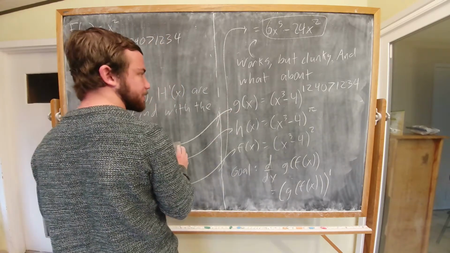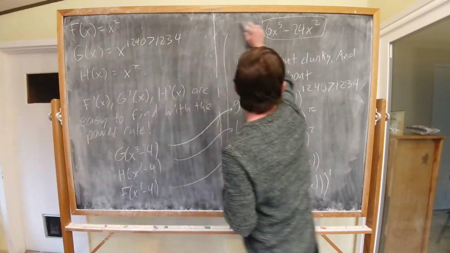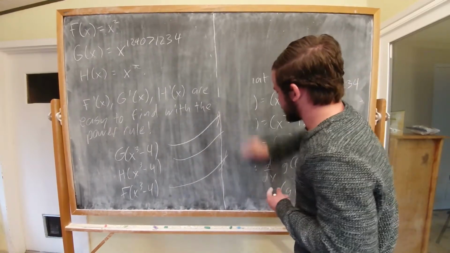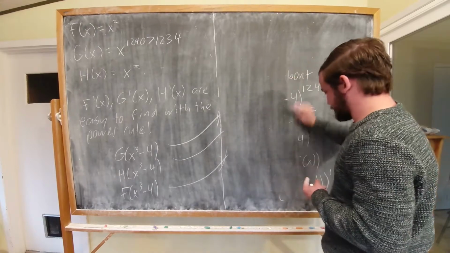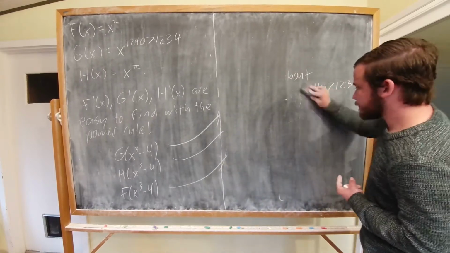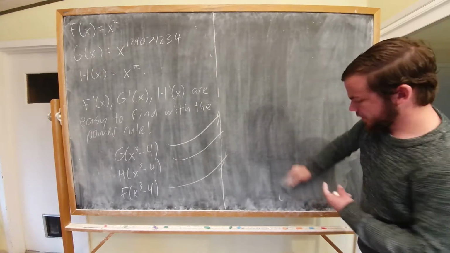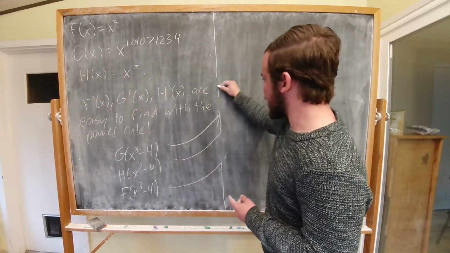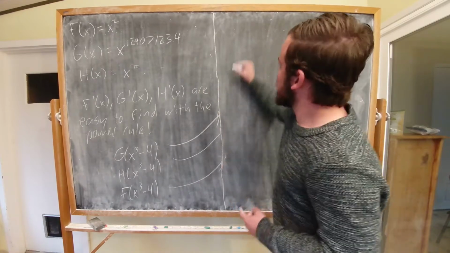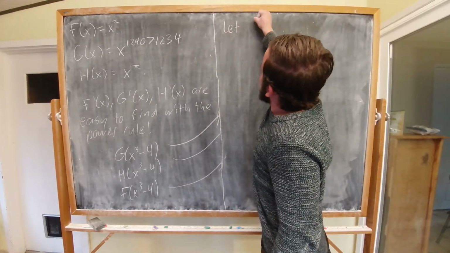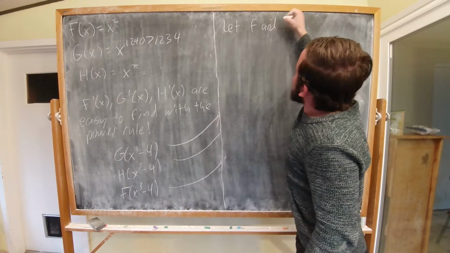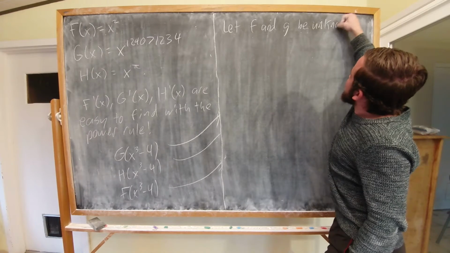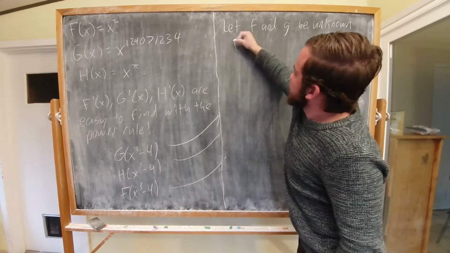Which side do I want to erase? Let's say this one. Let's start over with some unknown functions, so we can't try to mess around with their formulas at all. So let f and g be unknown functions.